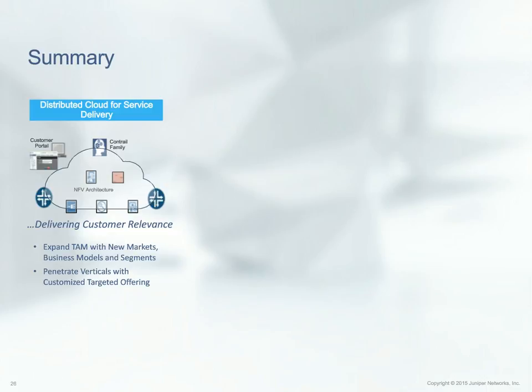And so to build that relevance to the end customer, and as a result of building that relevance to the customer through rapid service delivery and the ability to meet better SLAs and better experiences with the applications you're delivering through this distributed cloud approach, the result of that is you'll be able to open up new markets, open up new market segments, locations, geographies even, and really attack the vertical problems that the customers are facing in a better way.